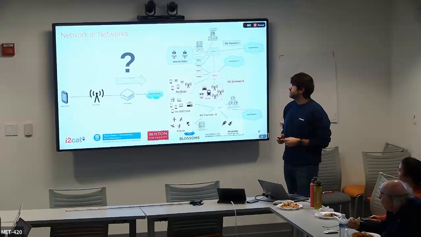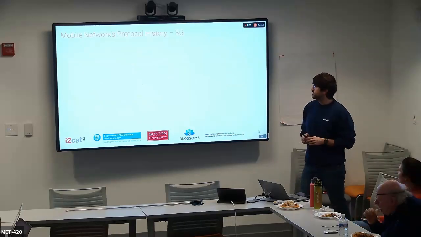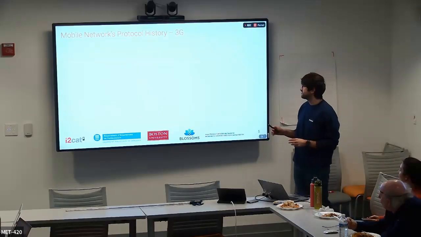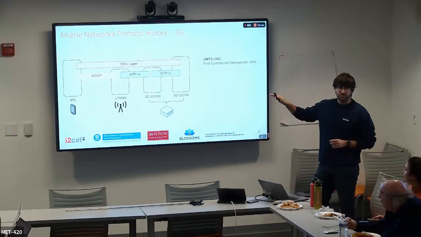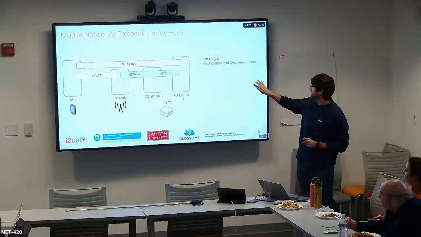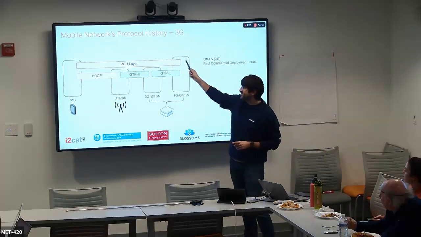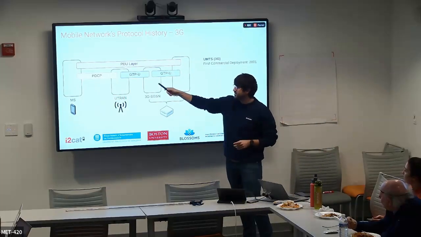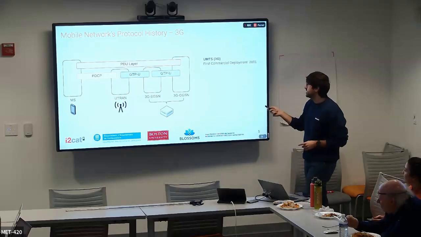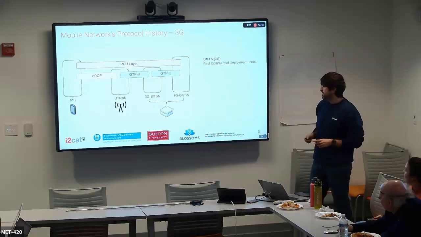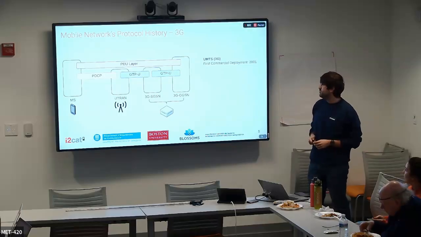But before giving you more details, let's take a brief look at the history of network protocols in mobile. This is the protocol stack in 3G. Don't worry, we will not get into detail, just get the picture. We have some layers here, such as GTP, and PDCP. The first commercial deployment was in 2001. Keep this in mind as we move to 4G.